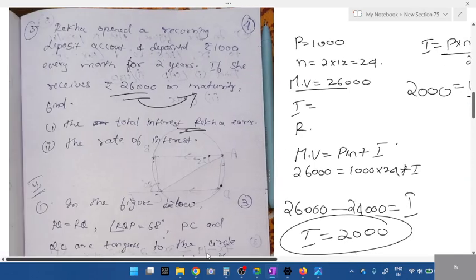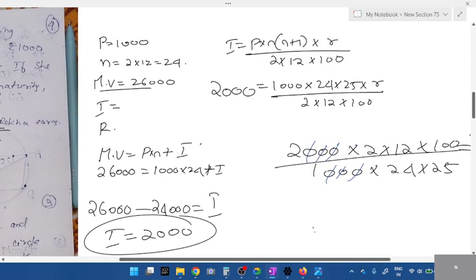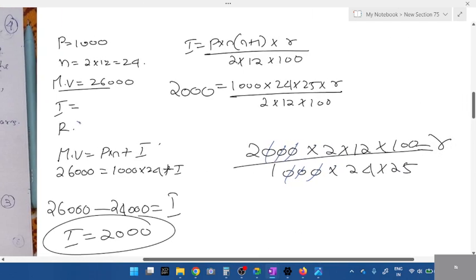Okay, look at this. I'll explain again. Third question, banking question. Rekha opened an RD account. So look at this, students. Principal 1000 and time period 2 into 12, 24. Maturity value is 26,000. We need to find I and R. Okay. So interest is P into N into N plus 1 formula. Whenever maturity value is given, always use MV.